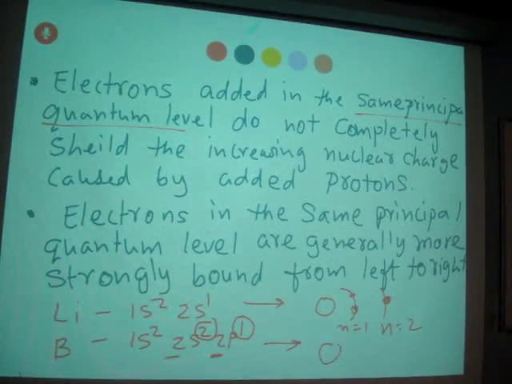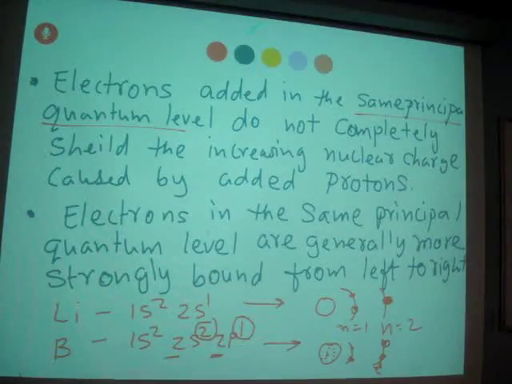And for boron, we have level 1 and level 2. In level 2, the number of electrons increases. Here it was 1, now it is 3. But there are more protons, so the pull on those electrons is increasing, right?